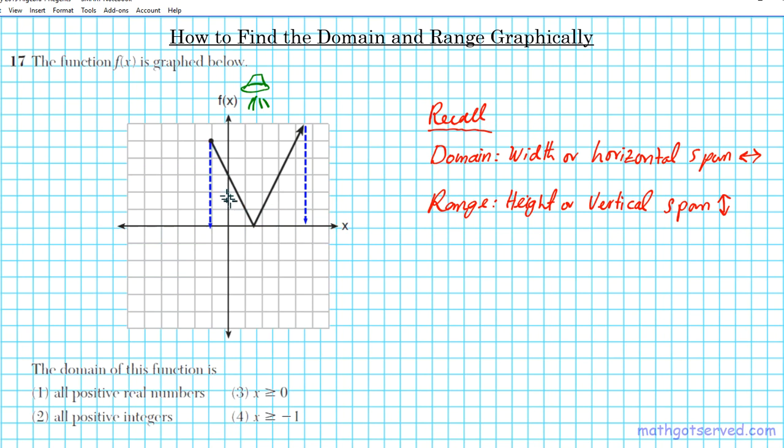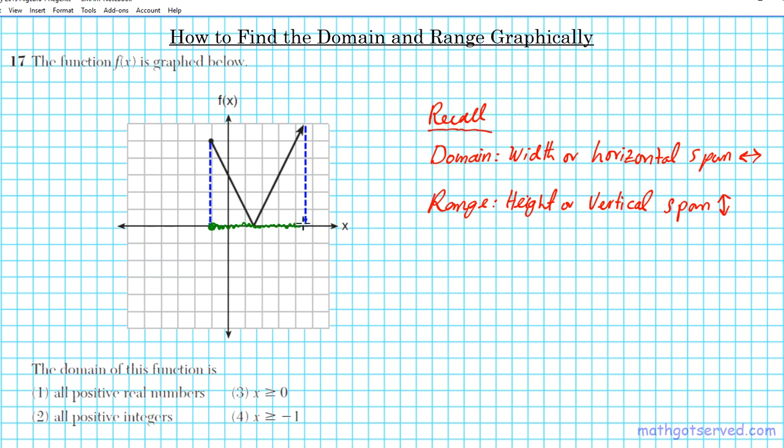So the shadow is going to be right here. This left point is a closed circle, so it's going to project a closed circle here. Starting from this point, whatever that is, that's -1, it is going to span everything in between all the way.